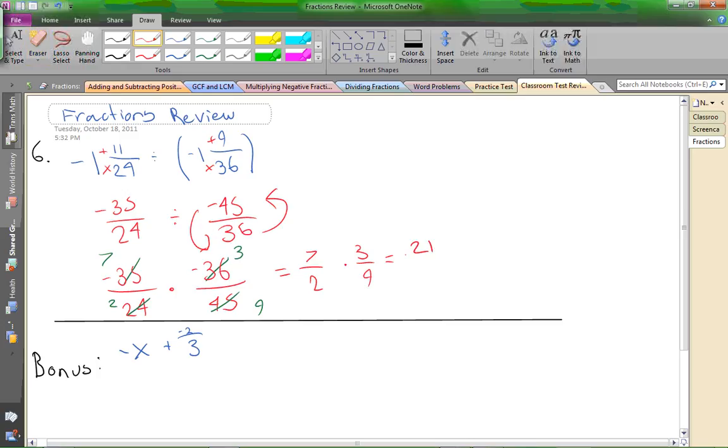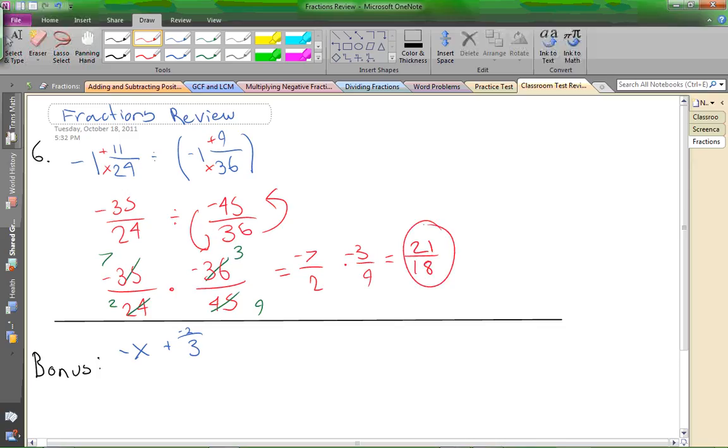Seven times 3 is 21, and I know it's going to be a positive number because both of these are negatives, and so 2 negatives equals a positive. And then 2 times 9, 18.